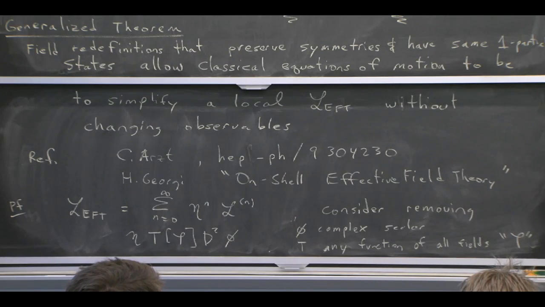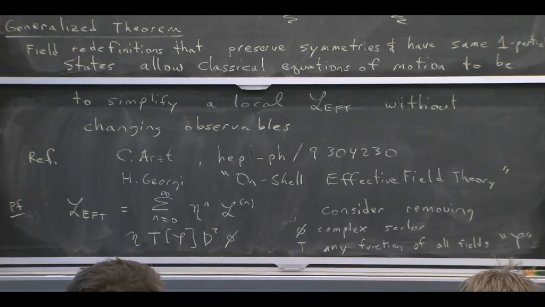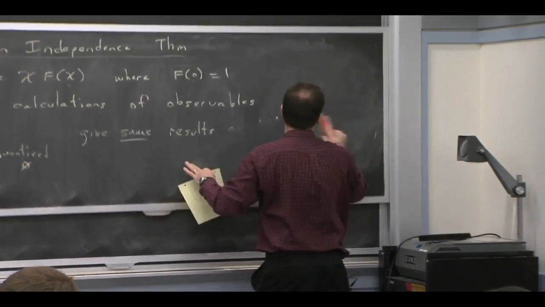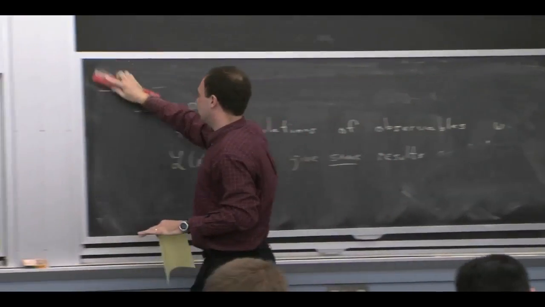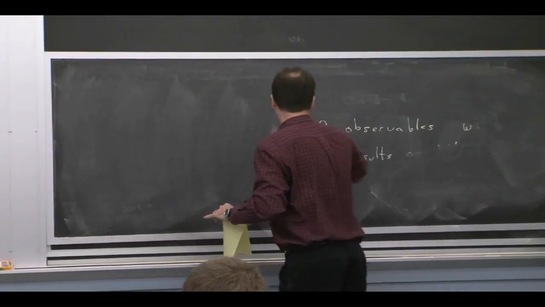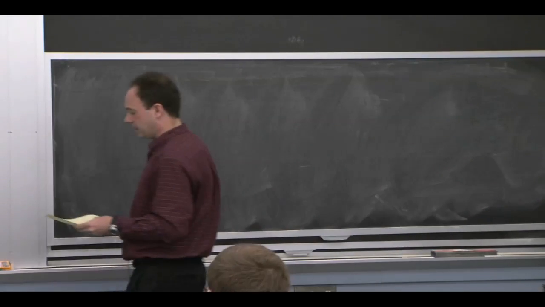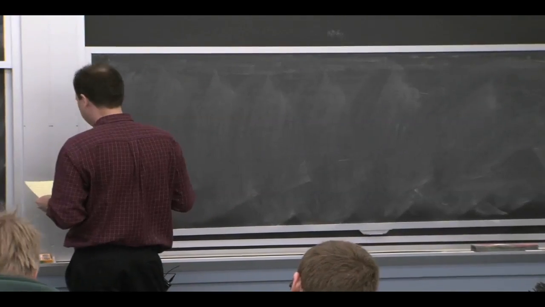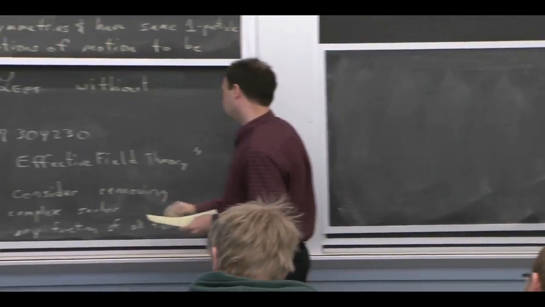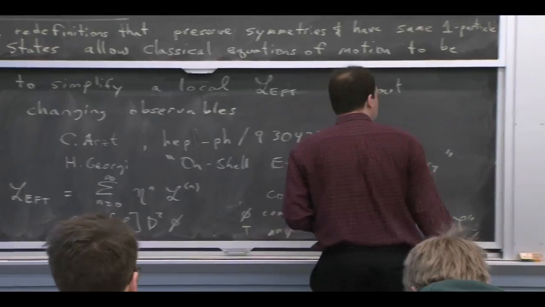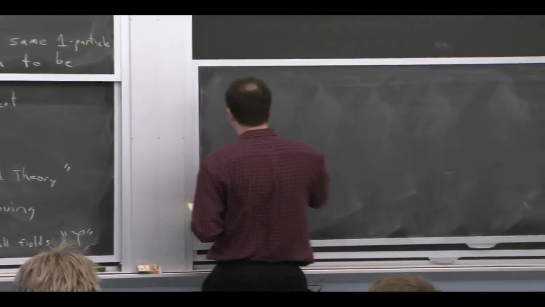So there could be fermions, other scalars, gauge fields. So say we want to get rid of an operator like that. Oh, I should also say that it's local.